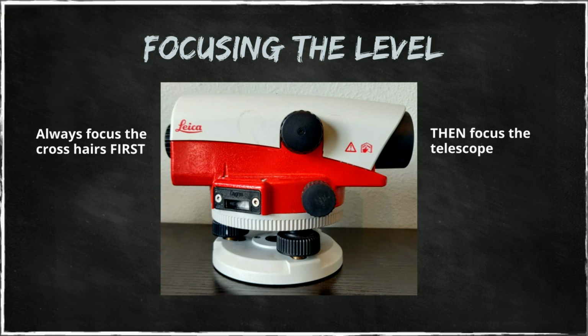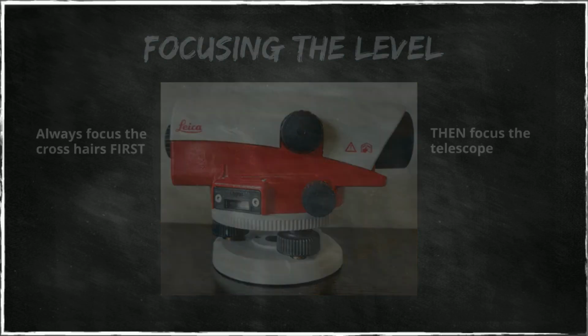That means that those images will not move with respect to each other. Therefore, it's important to first do the focusing of the crosshairs and only then do the focusing of the telescope. Then one guarantees that the two focal planes will coincide and there will be no movement that could falsify readings.